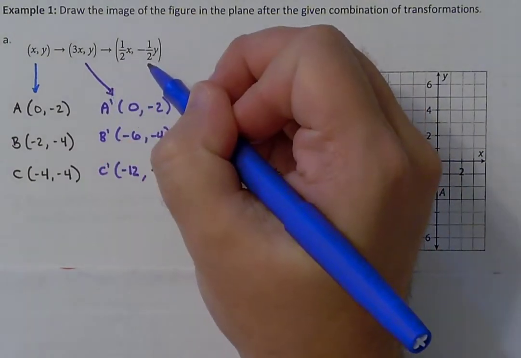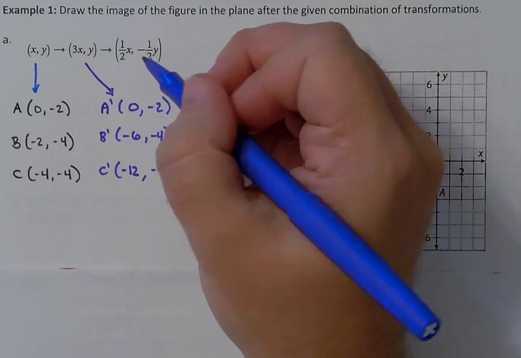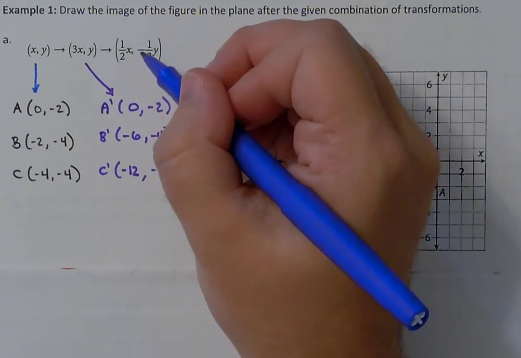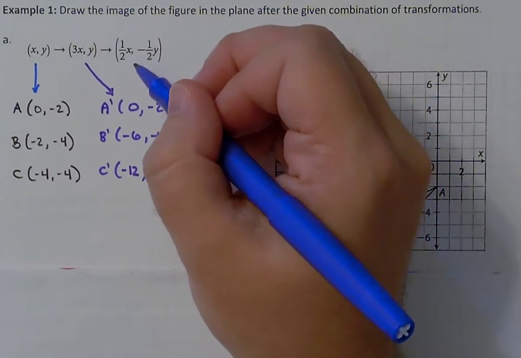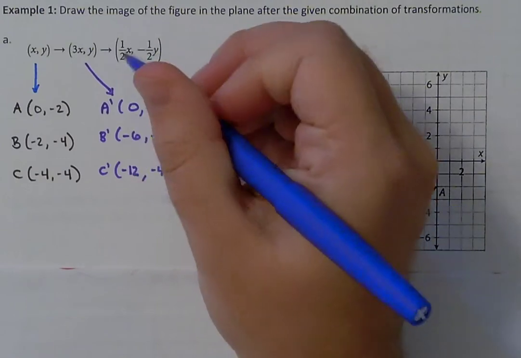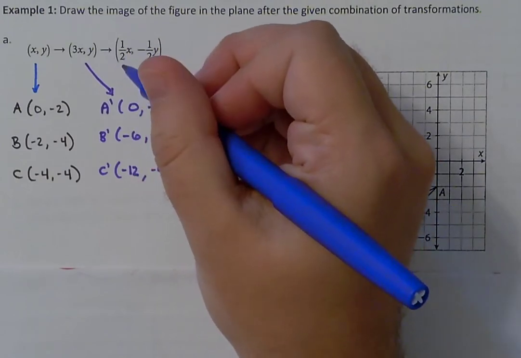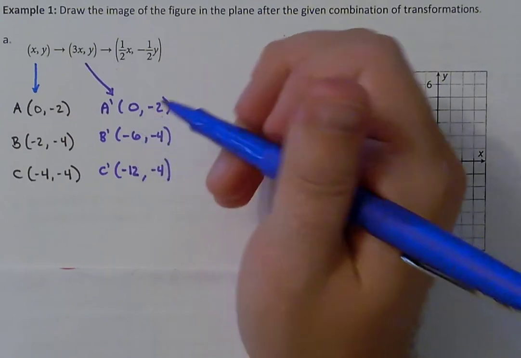We now have to complete our other transformation, which is (1/2 x, -1/2 y). So the way I'm going to think about this is you can either multiply all the x values by a half, or because it's 1/2, we could divide all the x values by 2.